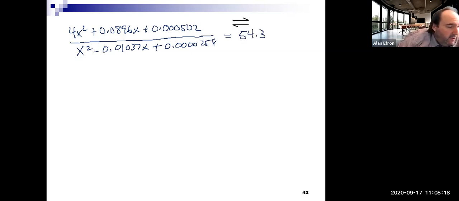I am then going to multiply the entire bottom to this side here.